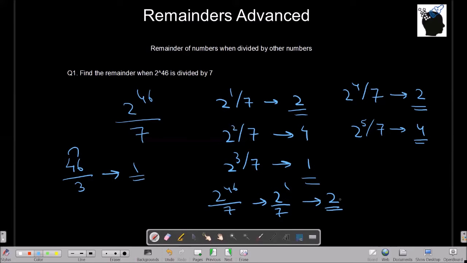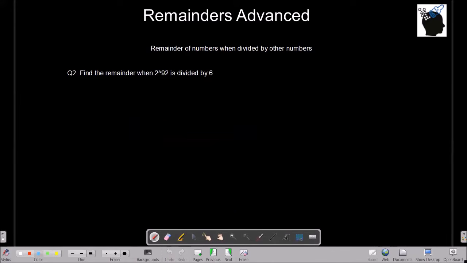So this is how we are going to solve for remainders of numbers which are a bit different from what we have seen till now. We are going to use the cycle method, and that's how we are going to find the remainder. Let's try one more. Find the remainder of 2 raised to 92 when divided by 6.